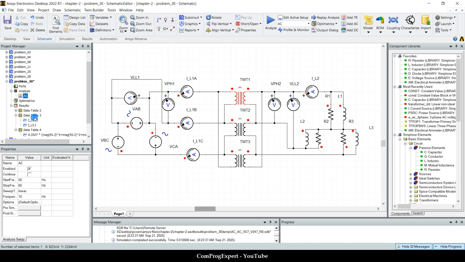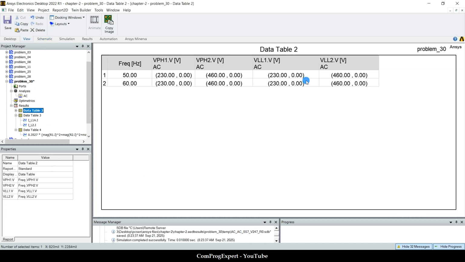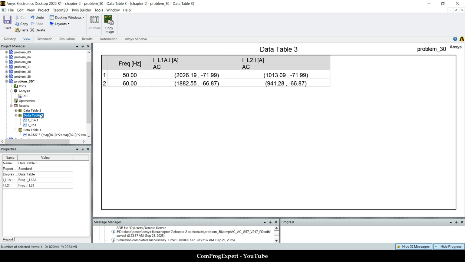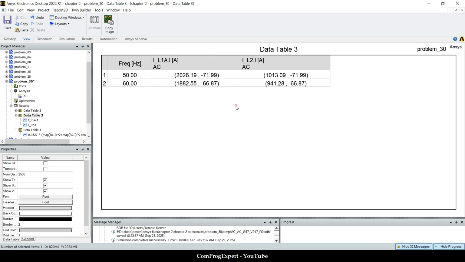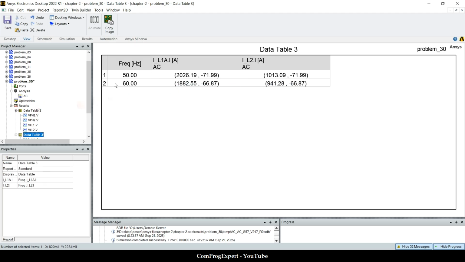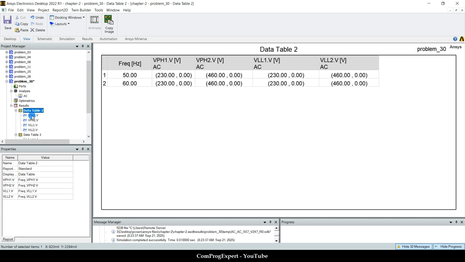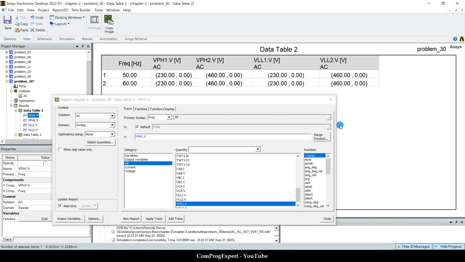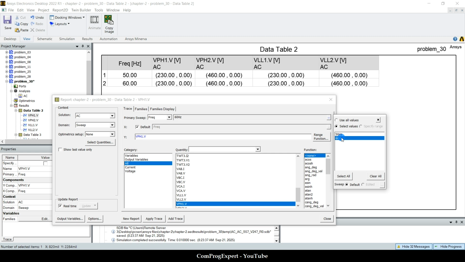In this case, here are the values of the voltages. The line-to-line voltage for the primary 230, the line-to-line voltage for the secondary. This is the right value of the line current for the secondary, and this is for the primary. If you don't want to check the 50 hertz in these tables, you can simply select this frequency.